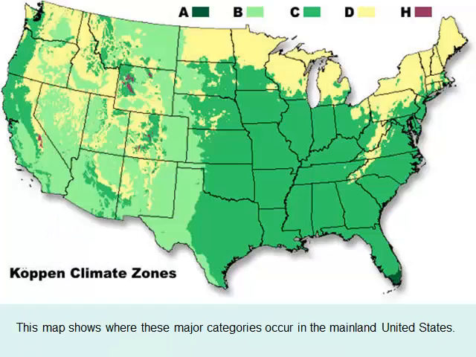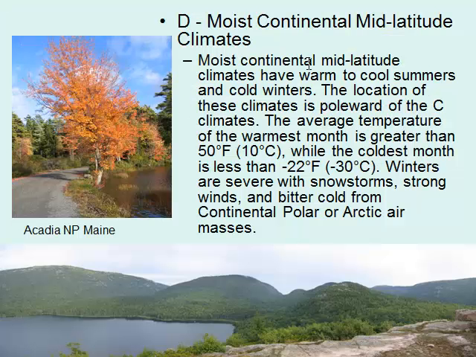The next one would be D, and you can see it's the yellow areas on the map. Northern parts of the U.S., higher elevation areas. So this climate zone is the moist continental mid-latitude climate. So these have warm to cool summers and cold winters. I can attest to that, being from the upstate New York area.